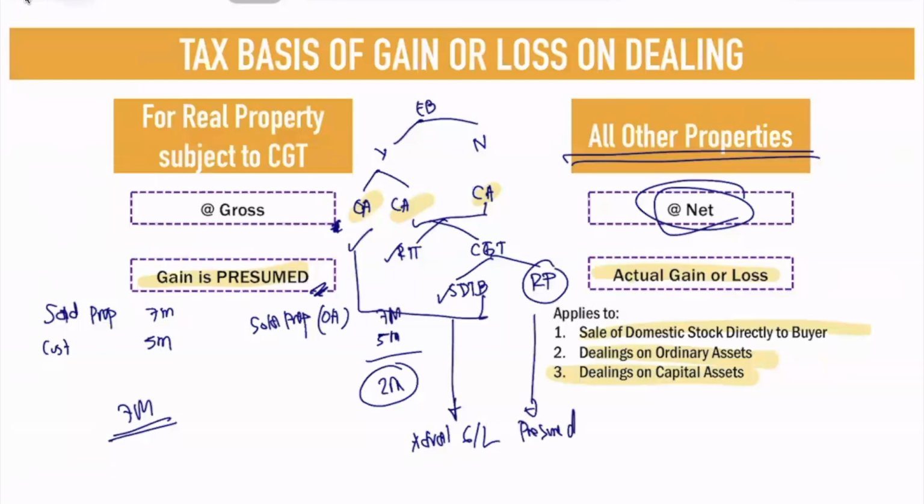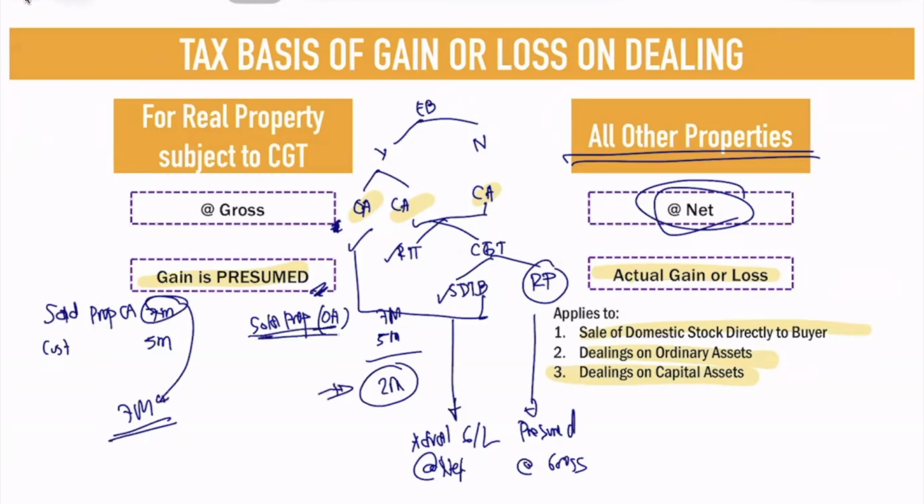Okay? So dito at net siya, dito at gross siya. So look in our example. If that is a sale of a property classified as capital asset, we tax it at the gross amount of sale, which is 7 million. But if that is a property ordinary asset, we tax it at net, which is 2 million.